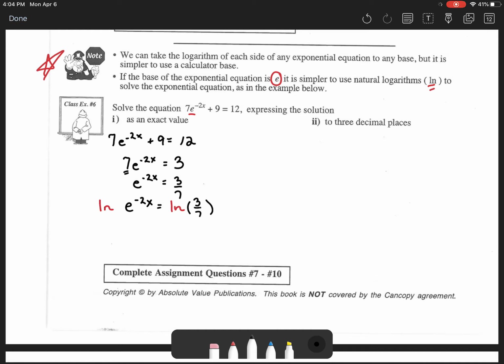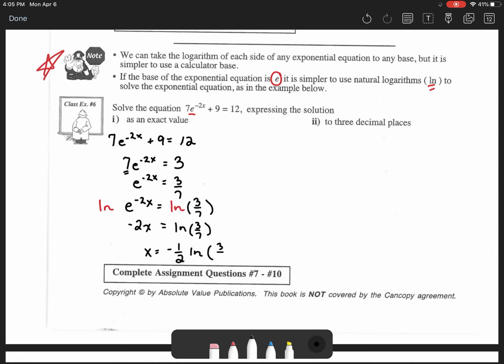Hopefully that's okay. So now on the left-hand side, I'm left with negative 2x, and on the other side I have natural log of 3 over 7. Then I multiply both sides by negative 1/2, or divide by negative 2, however you want to view it.